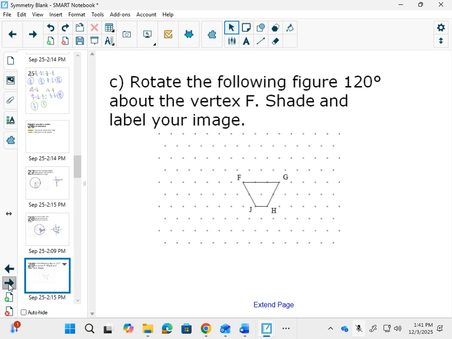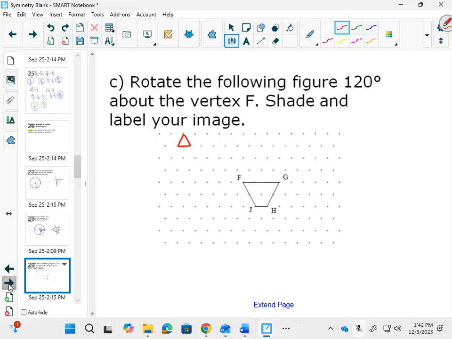Okay, rotate the following figure. Oh, this is really cool dot paper here. At first you look at it and you say, the graph didn't match up. Right, because the lines are sort of on an angle there. This is called isometric graph paper because all of the dots, if you line them up, make perfect little equilateral triangles, which means each of those is 60 degrees.